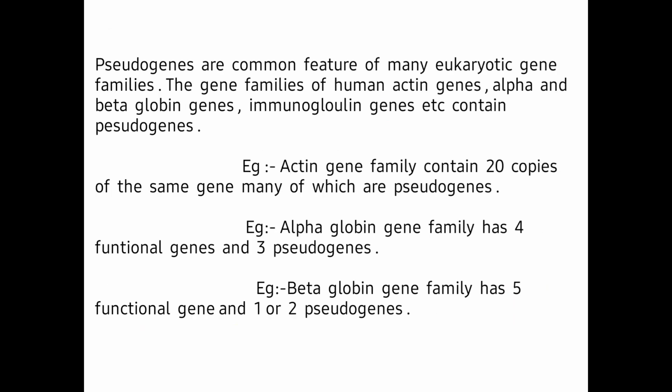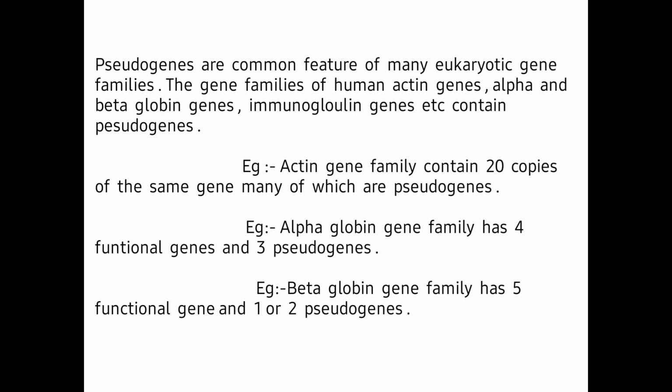Now, the pseudogenes are more commonly seen in eukaryotic gene families. A few examples in humans are the human actin gene, alpha and beta globin genes, immunoglobulin genes, and so on.